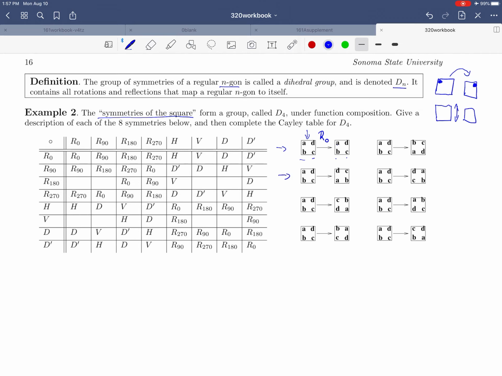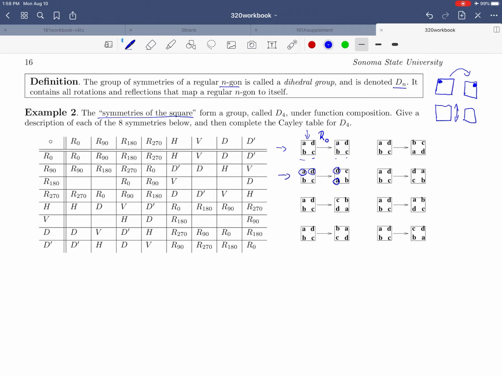Here, something happened. So what happened? Corner A, where did it end up? It ended up down here. So what would I have to do to my square so that that top left corner ends up in the bottom left corner, and similarly the top right corner ends up in the top left corner, and the other two behave accordingly?